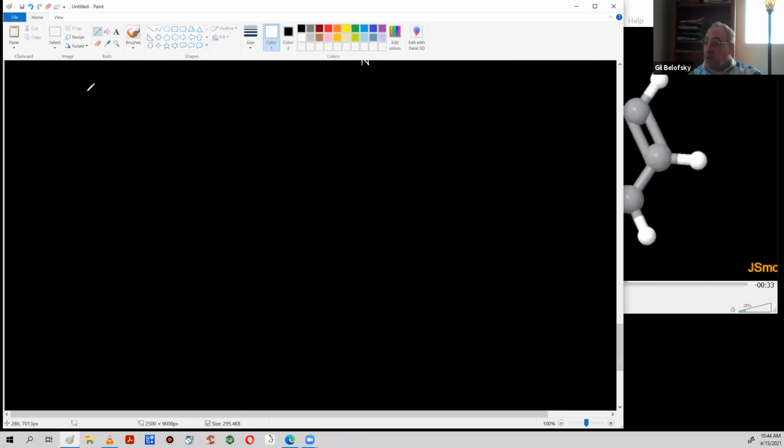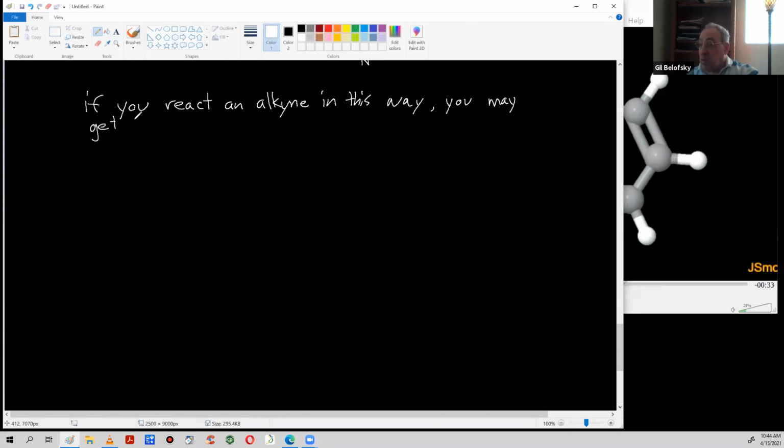So in other words, if you react an alkyne in this way, you may get cis and trans alkenes. And it's easy to see how you can get to that if I just use a different alkyne in the beginning.